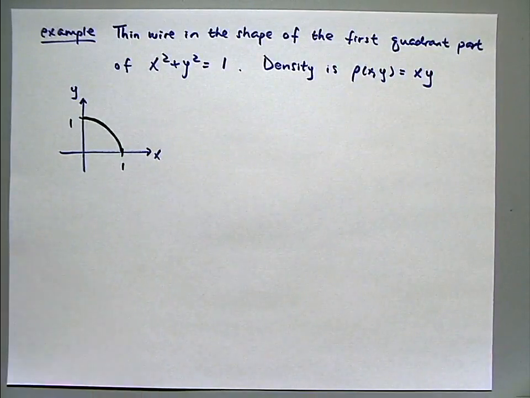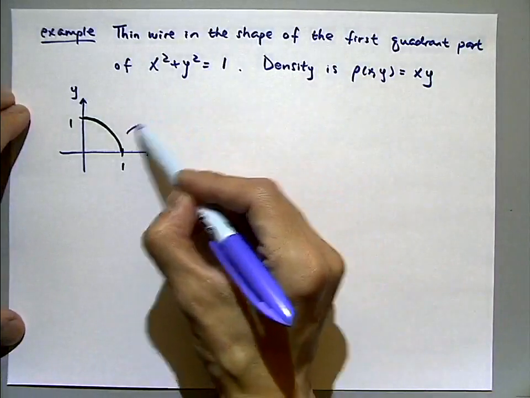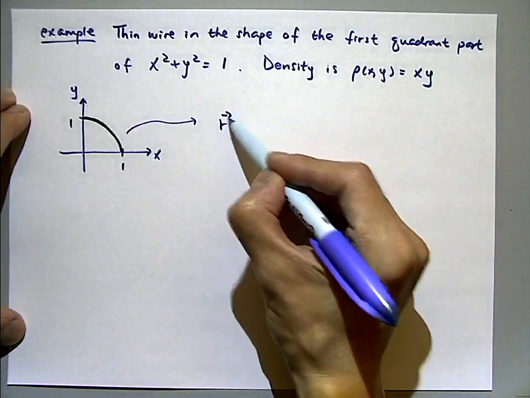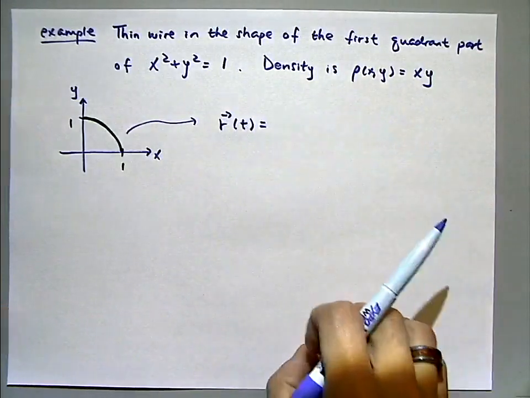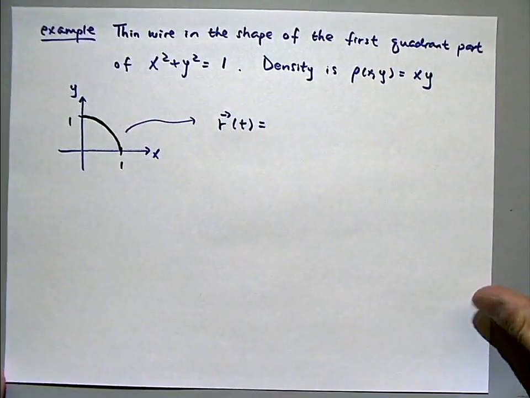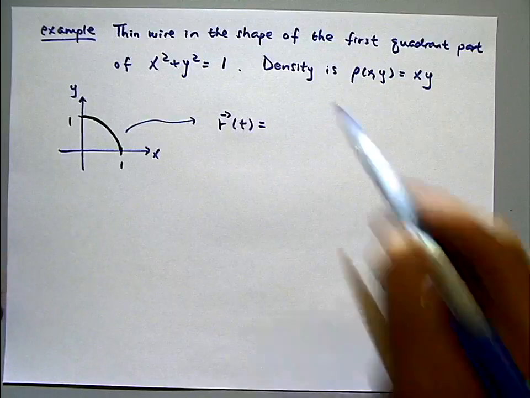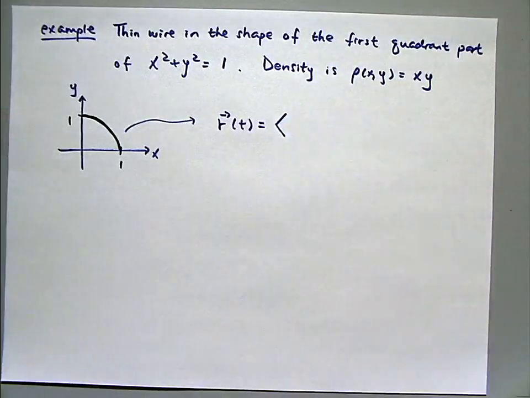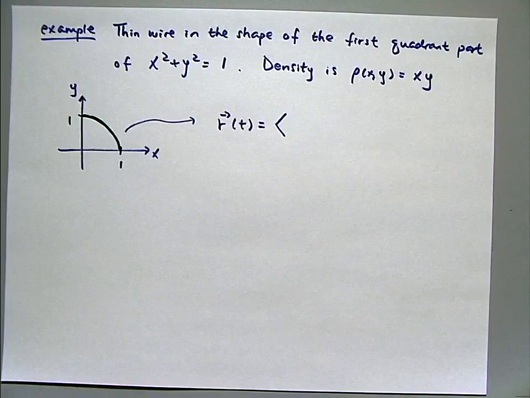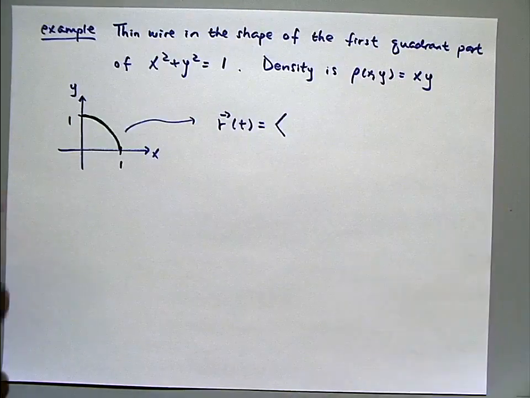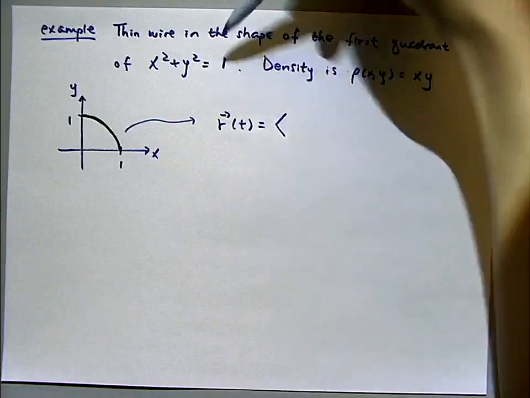First of all, you've got to parameterize this. Remember how to parameterize a circle? What would you let x be? What if the radius is 9? In general, it's the radius times cosine, so that when you add them together, you get this equation.